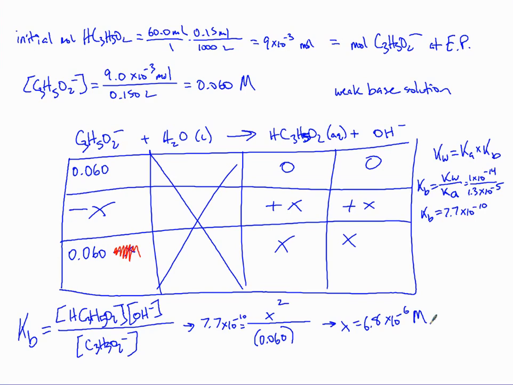What we really want to know here is the pH. This is the hydroxide concentration. And like I've said before, there's two ways that you can do it. You can use basically the relationship where Kw is the concentration of hydrogen times the concentration of hydroxide.